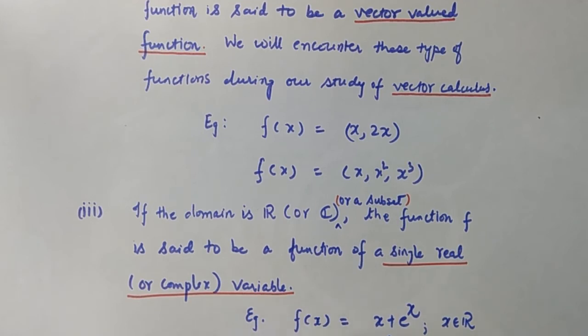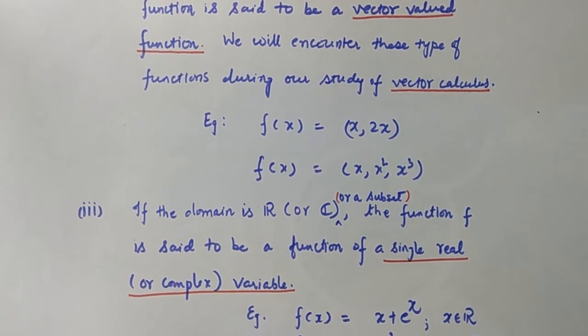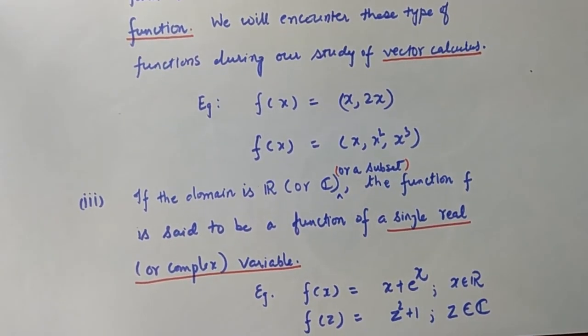For example, consider f(x) equal to x plus e to the power x, where x belongs to R. Here the domain of the function is the set R. Therefore, the function is said to be a function of a single real variable. As another example, consider f(z) equal to z square plus 1, where z belongs to C. This is an example of a function of a single complex variable.